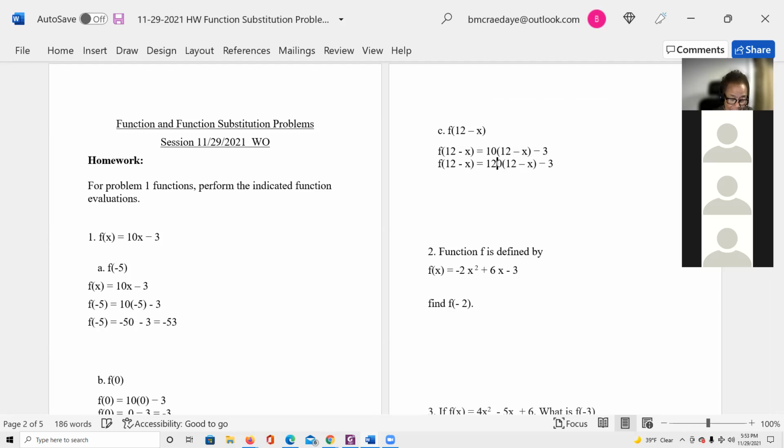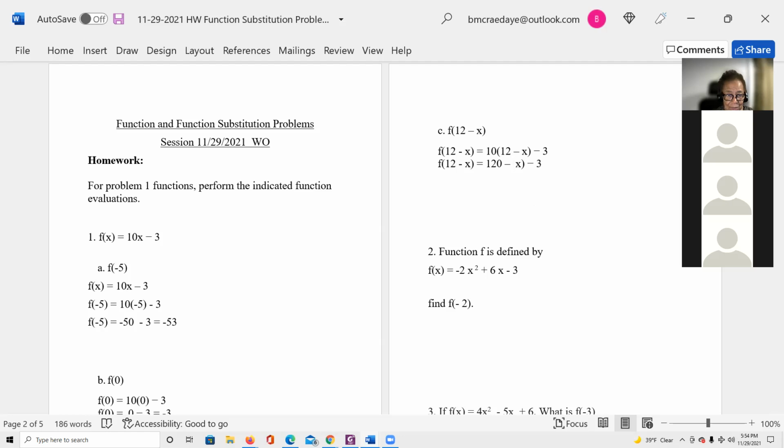That's right, 120. And then 10 times a minus x is what? What's 10 times a minus x?